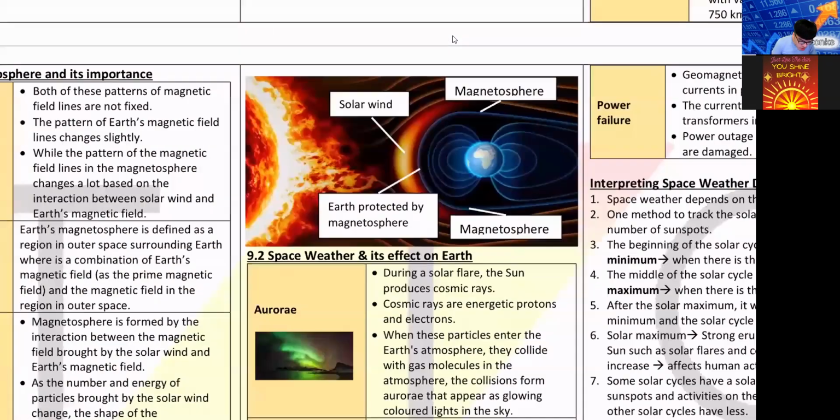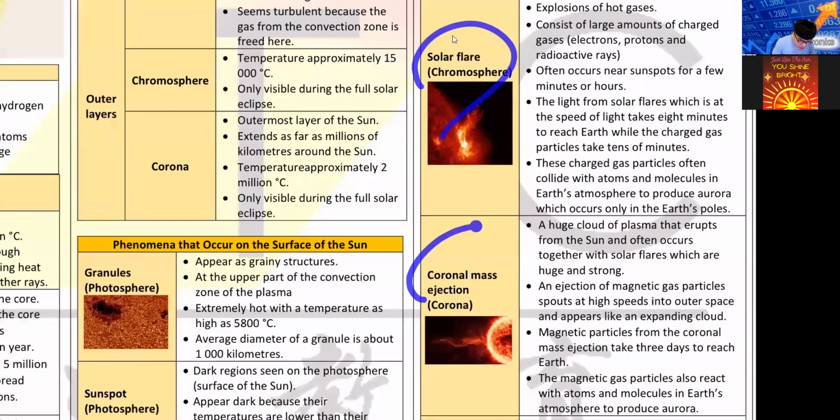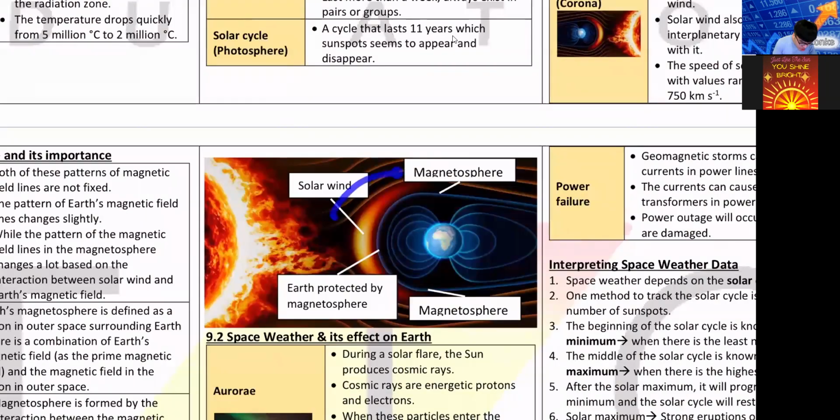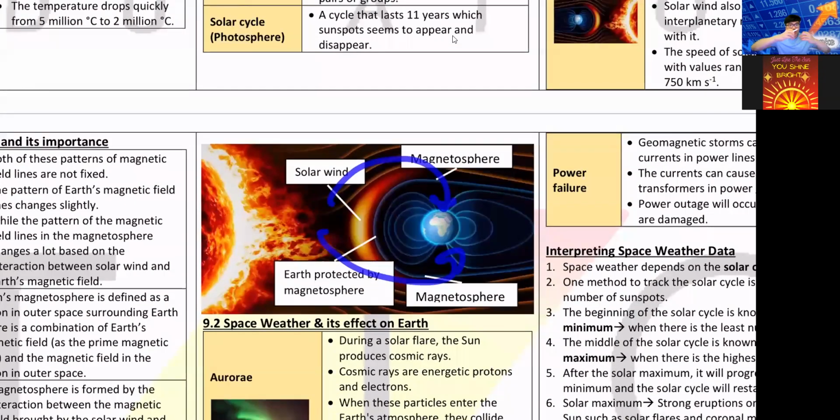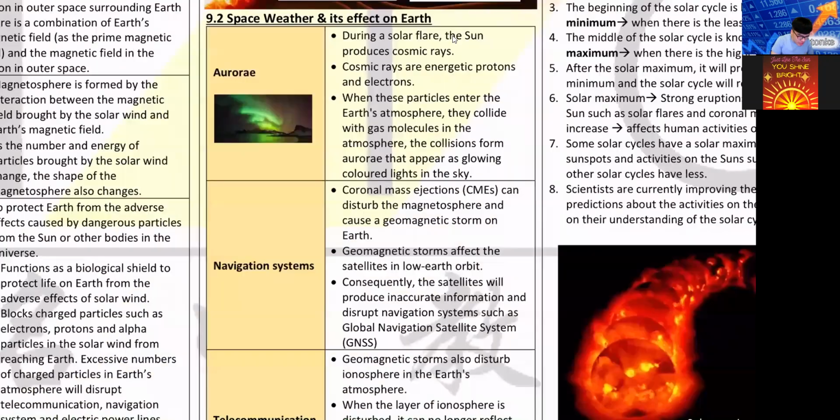When you have a very strong solar flare or CME, when they reach the North Pole and the South Pole, they will disperse, and you will see aurora. I think I told you this before, right? You can see this near the North Pole or South Pole.